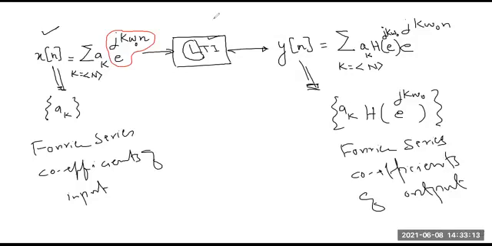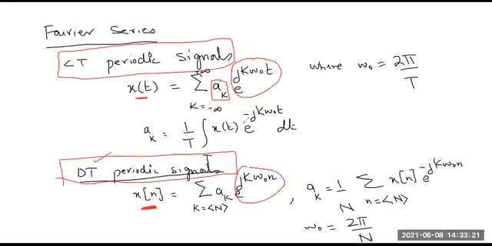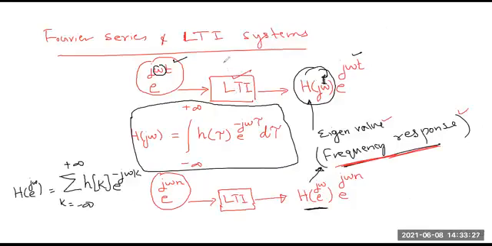So one thing that you need to keep in your mind is that whenever you are dealing with an LTI system, this LTI system in continuous time is characterized by its impulse response, which we represent as h of t. And now we have introduced another property of the LTI system, which I am calling the frequency response of the LTI system.